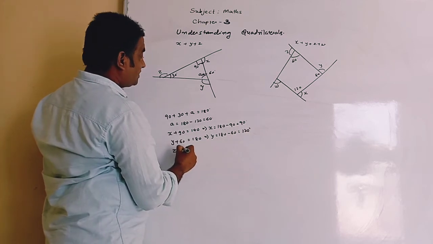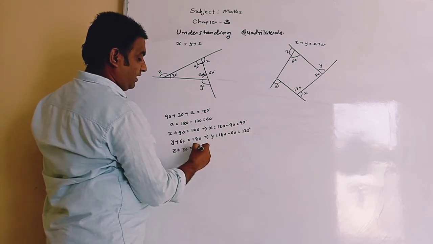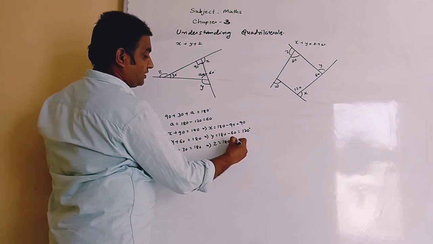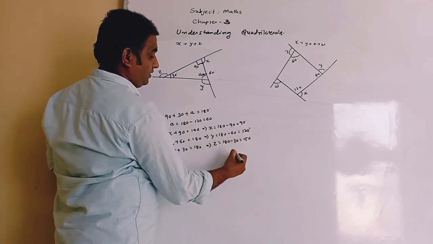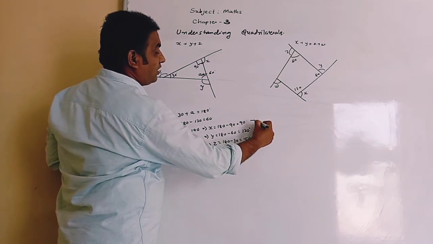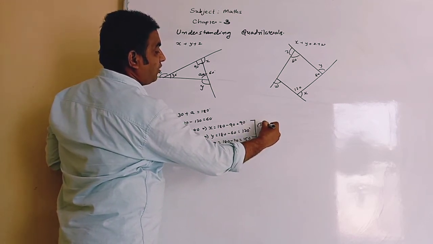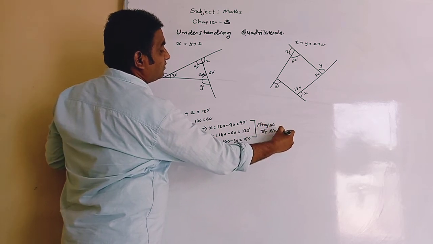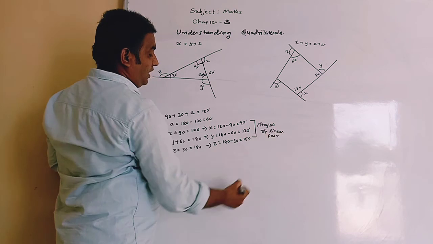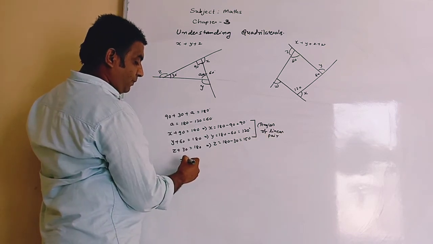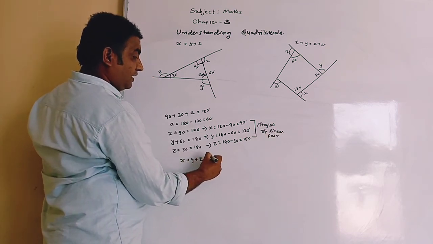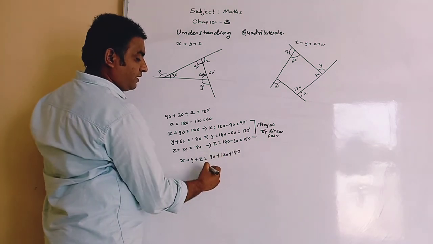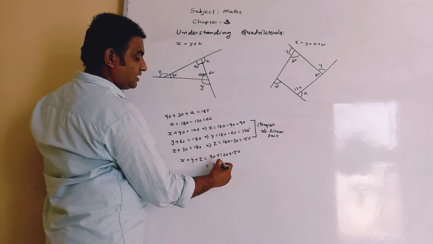And z plus 30 equals 180, so z equals 180 minus 30, which is 150. Because all these are angles of a linear pair. Now x plus y plus z is 90 plus 120 plus 150, which is 360.